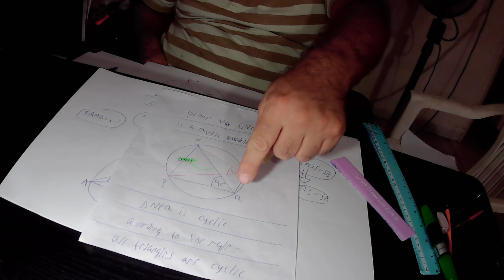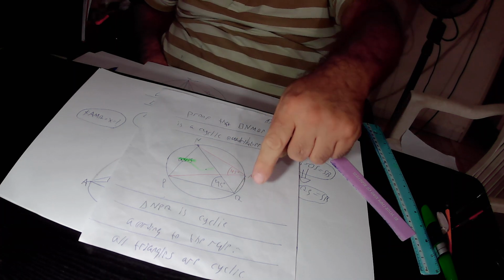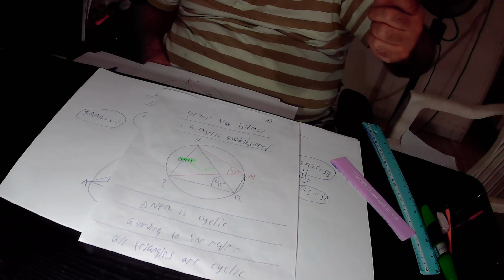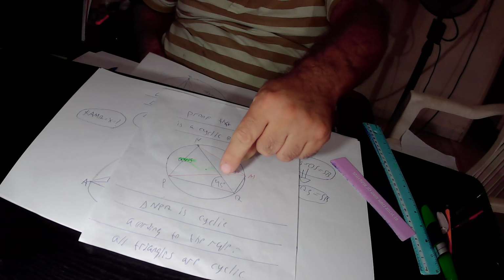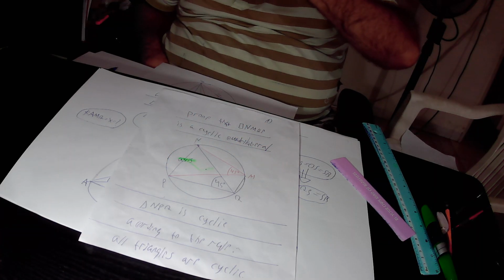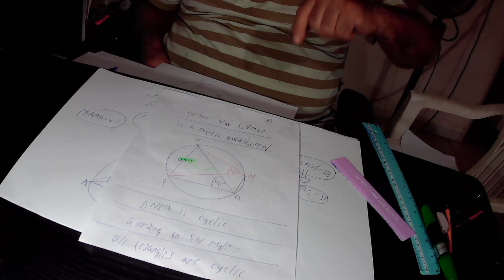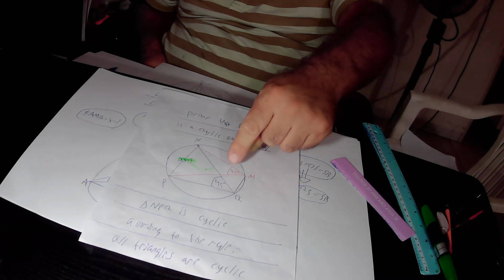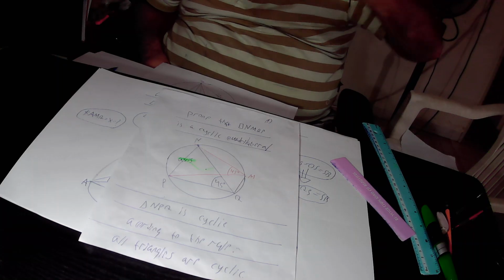We rotate the vertex Q around this circle without changing the size of the angle. The chord PN is not moving. In this way, we get infinite angles, and all of them are equal to 45 degrees in size.